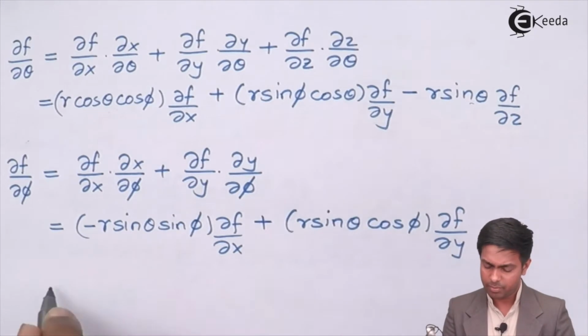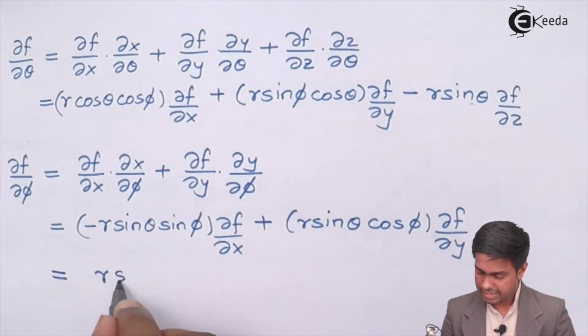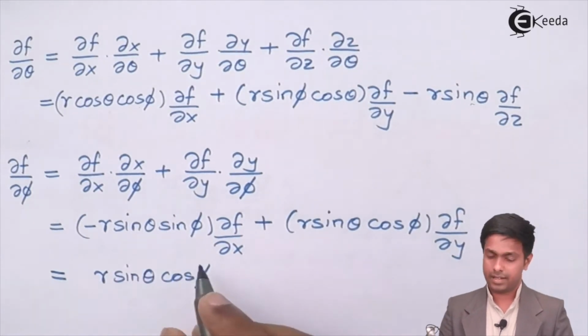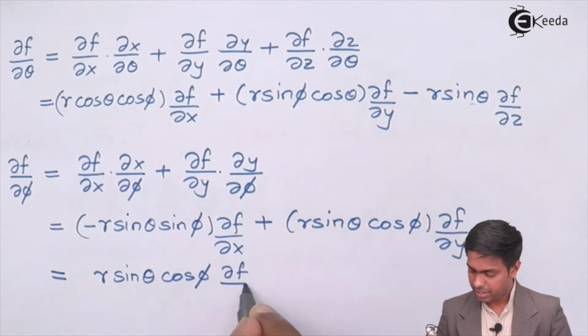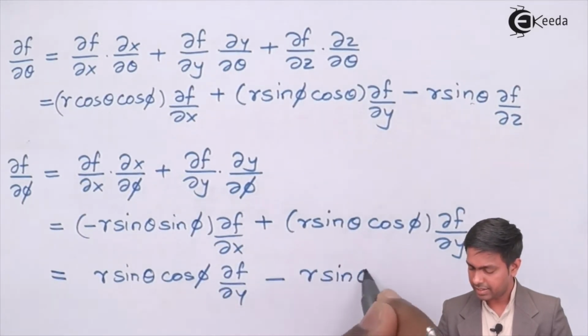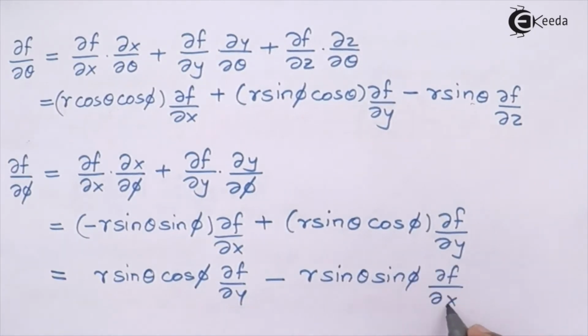So I'll rewrite this term as r sin theta cos phi del f by del y minus r sin theta sin phi del f by del x. So now this becomes a minus b the whole square.